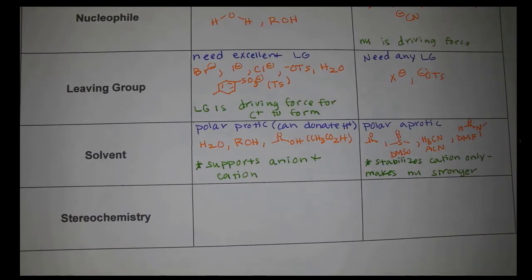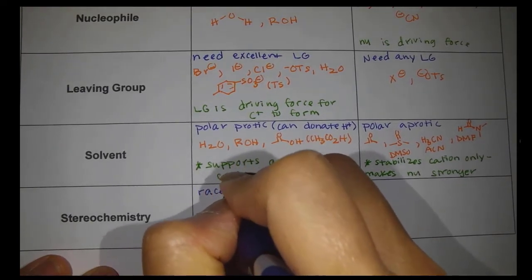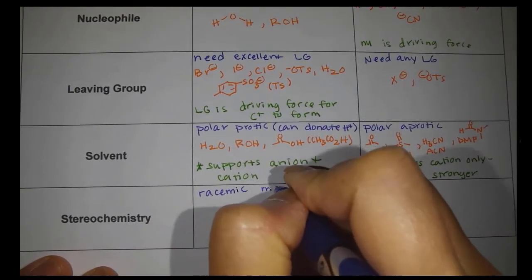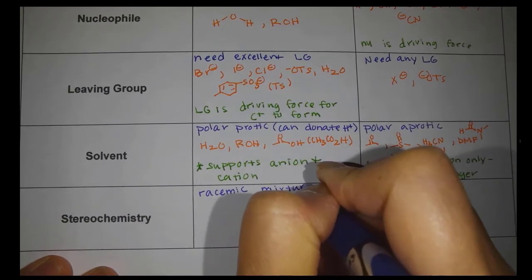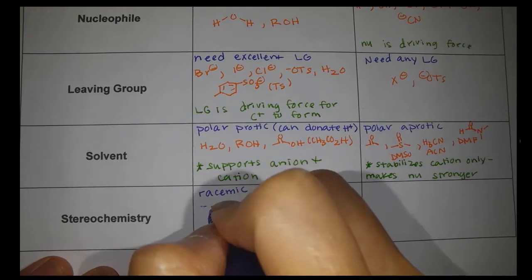All right, and for the stereochemistry in an SN1 reaction, we get a racemic mixture, because the nucleophile can attack or hug from both sides of the carbocation.